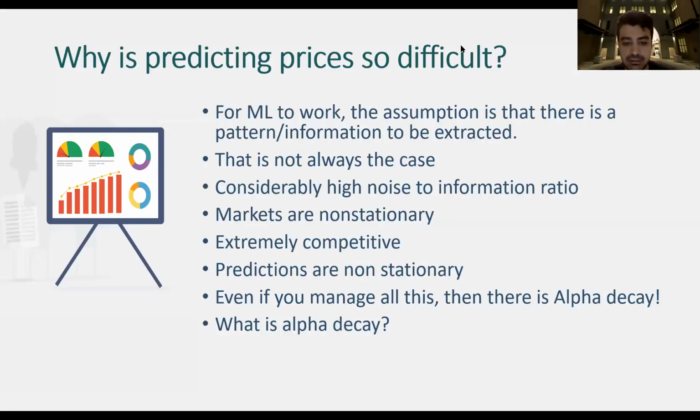Now, getting all of our literature together, for machine learning to predict prices and returns in the future is generally a difficult task. The first problem is that machine learning algorithms assume there is an underlying pattern or information in the data to be extracted.